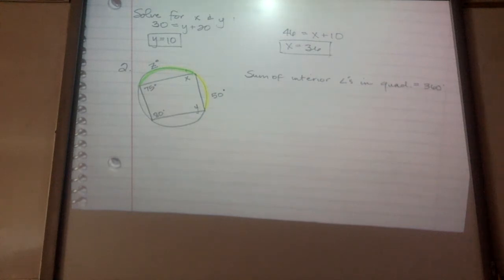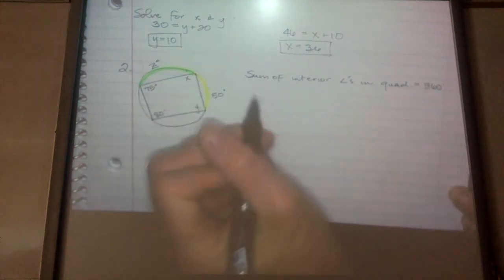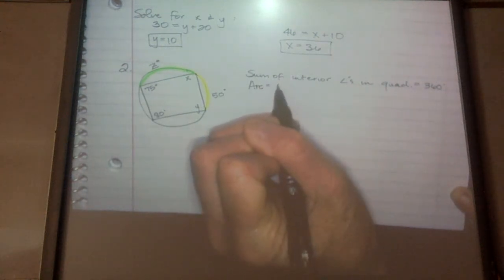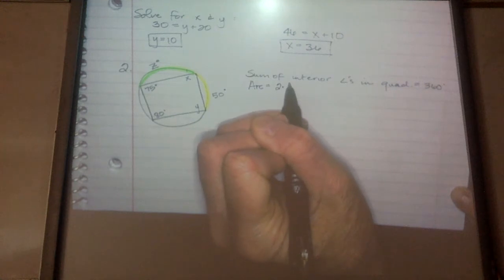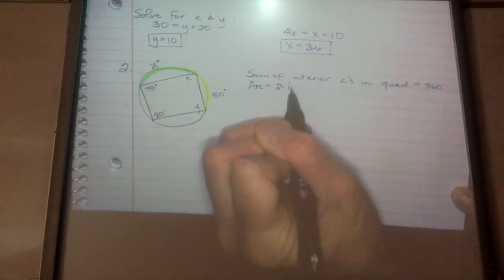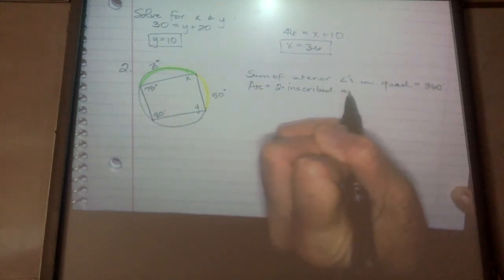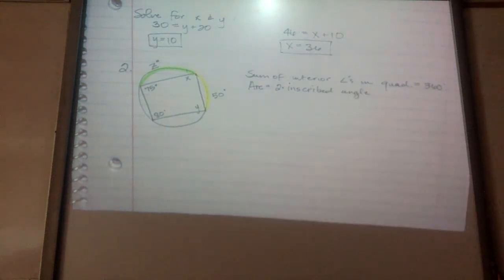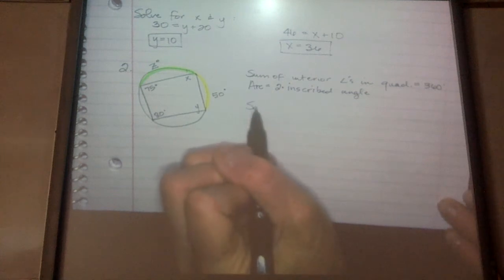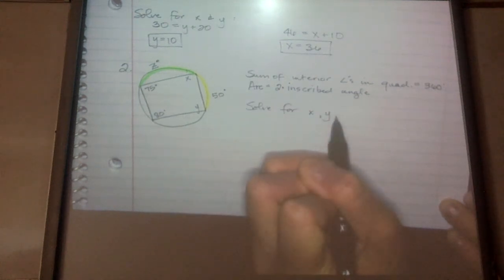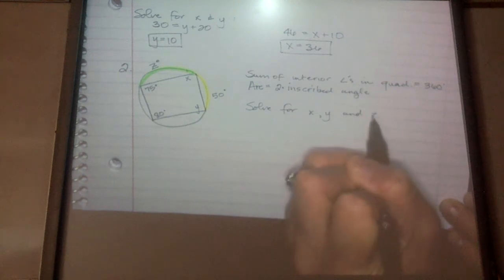A triangle's sum is 180, and the sum of a quadrilateral is 360. Another property they're going to go over is that an arc is 2 times the inscribed angle. So I'm going to use this information to solve for X, Y, and Z.